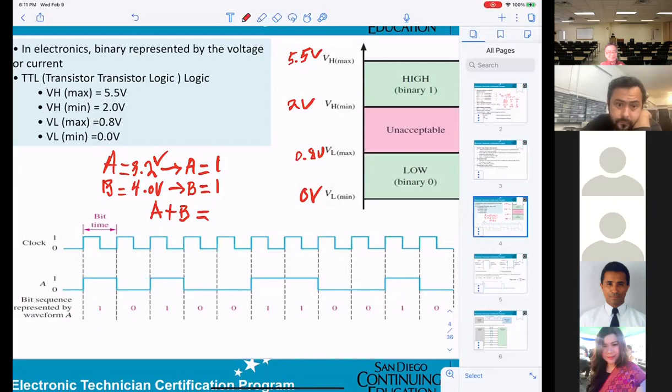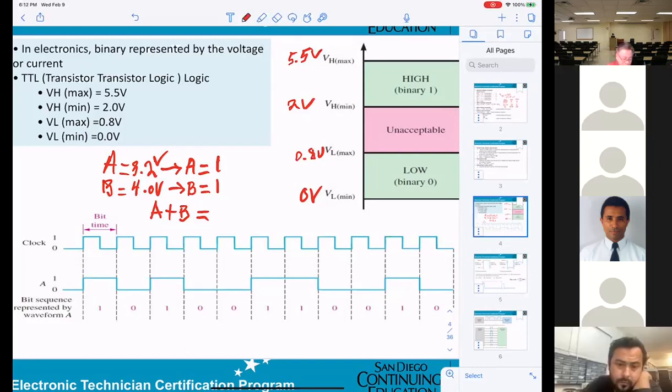First thing is you cannot add 3.2 to 4, because it's not digital. You only deal with zeros and ones.